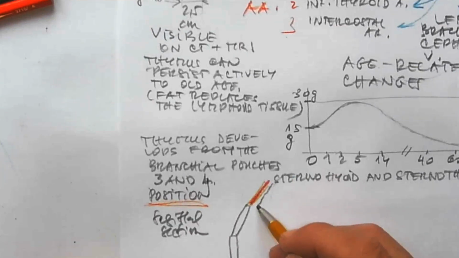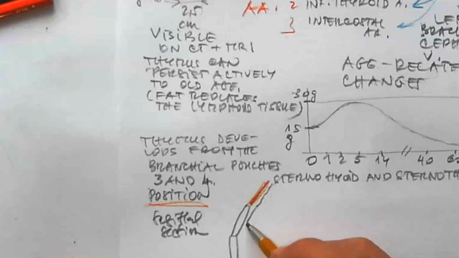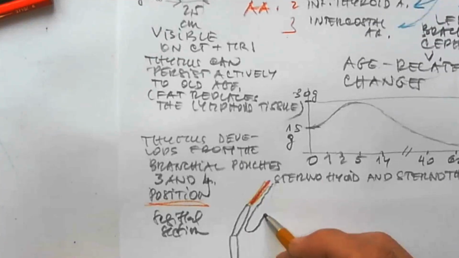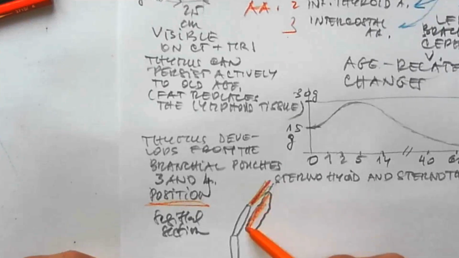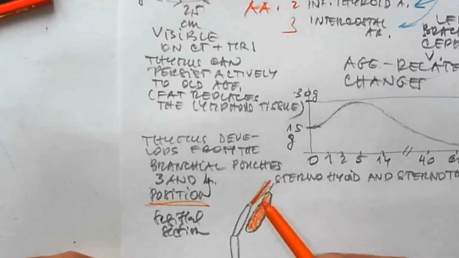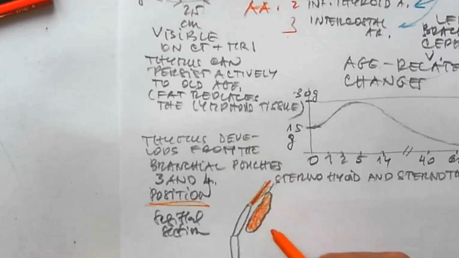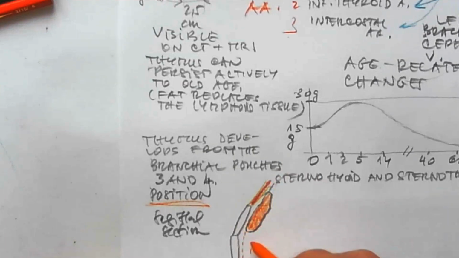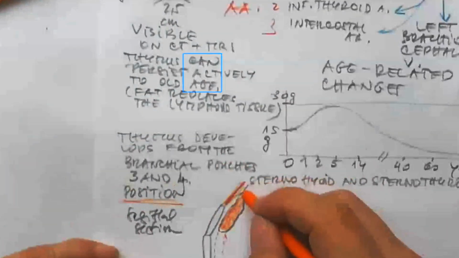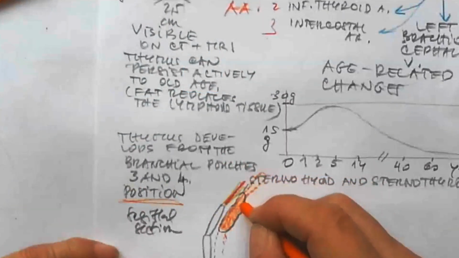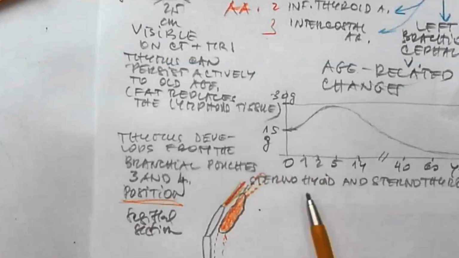Here lies the thymus, usually in the neck area or also behind the sternum. That's normal size, using orange again. But in a child it could be much more, even that long, also in the thorax, into the neck, also to the thyroid gland.